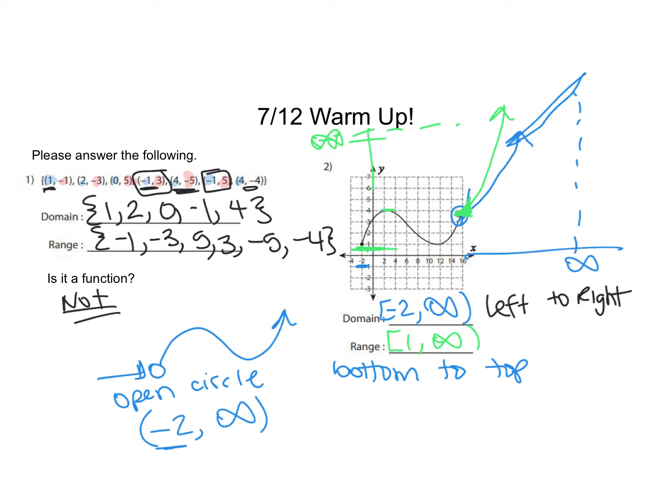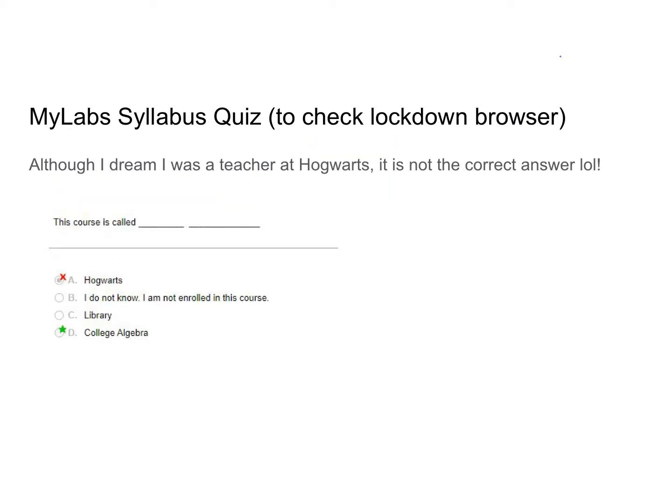We're going to go ahead and move on to, I wish that would get off the screen. That's bothering me. Okay. Oh, well, this is kind of funny. So I did a MyLabs syllabus quiz really just to check your lockdown browser, and I thought it was so funny because it says, although I dream that I was a teacher at Hogwarts is actually not the right answer.